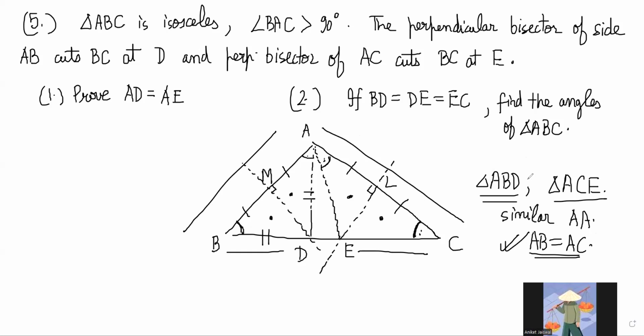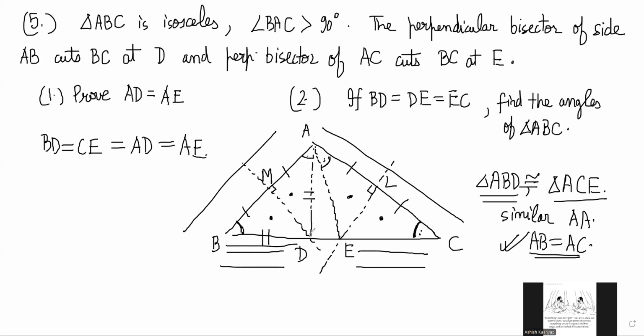So if this is congruent to this, you can say that BD is equal to EC, and AD is equal to AE, because we already know BD is equal to AD and CE is equal to AE.